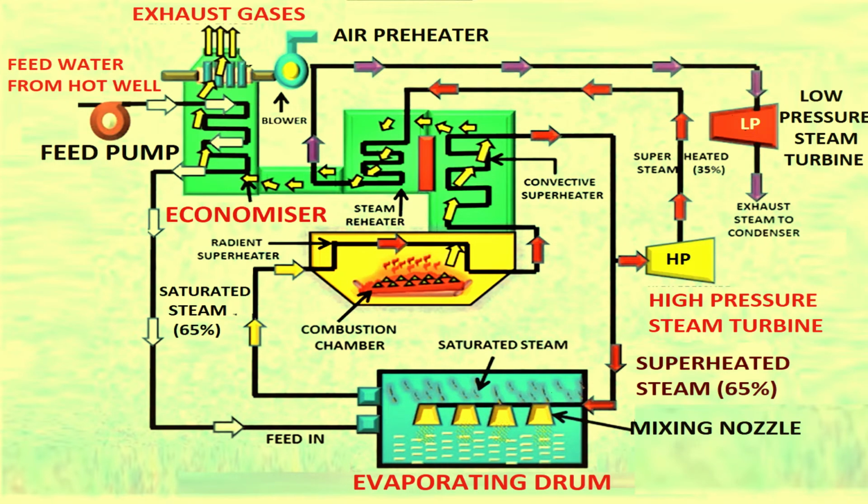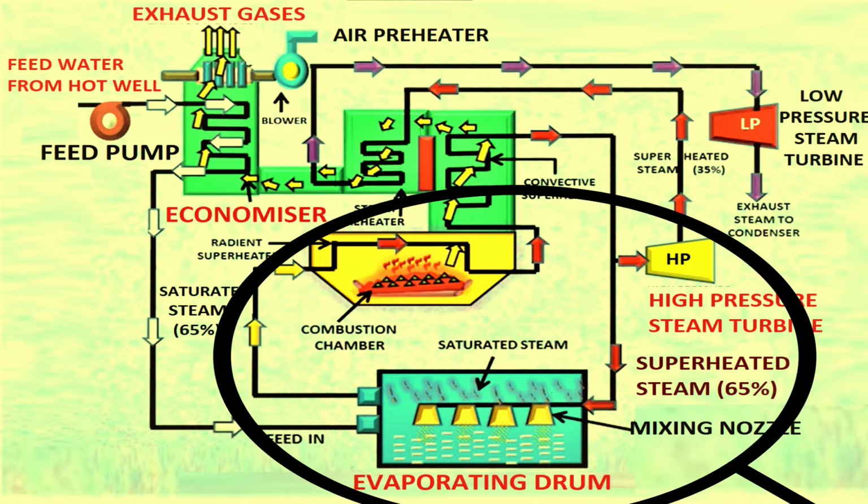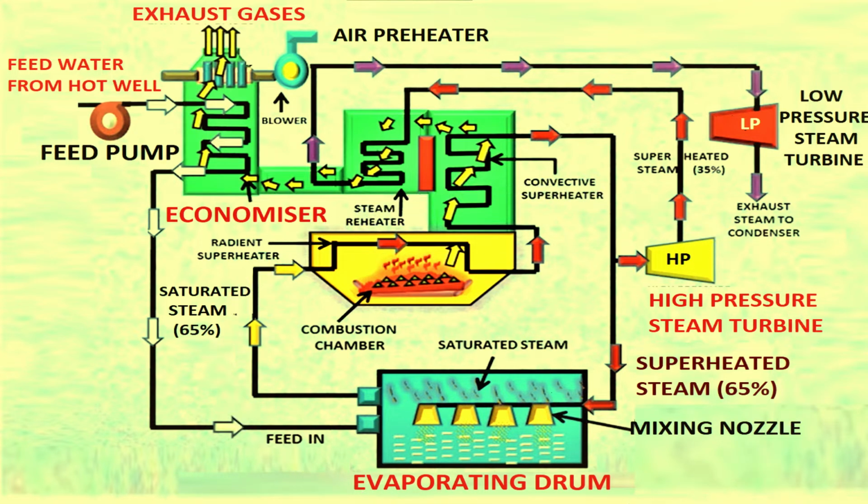The difficulty was solved by the Loeffler boiler by preventing the flow of water into the boiler tubes. Most of the steam is generated outside, evaporating the feed water using part of the superheated steam coming out from the superheater. The arrangement of different components and water and steam circulation is shown in the diagram.